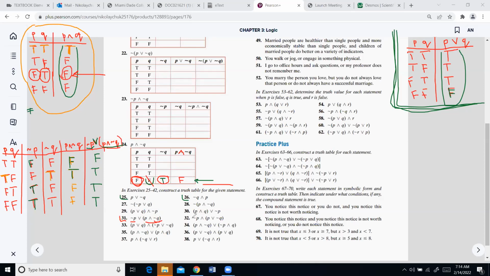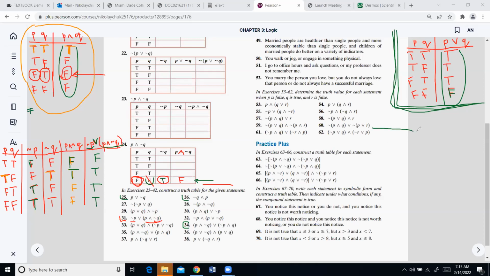So maybe I should do another one like that with more of these parentheses structures. So what I'm looking at right now is exercise number 34 that has lots of little steps here. So let me also prepare a table and try to work it out.